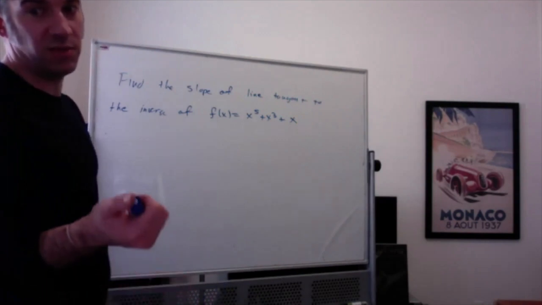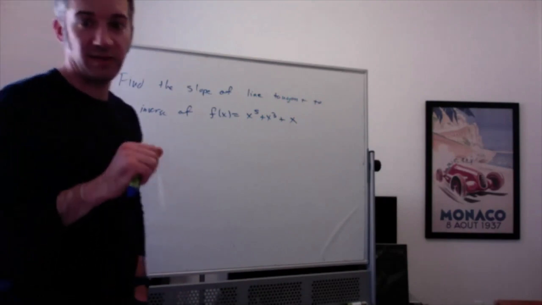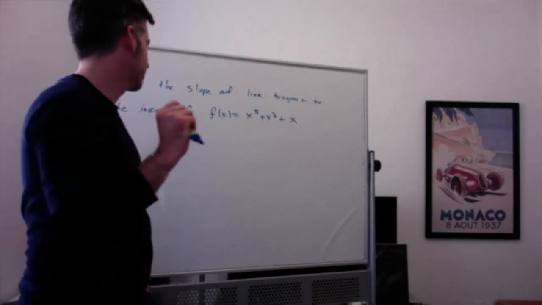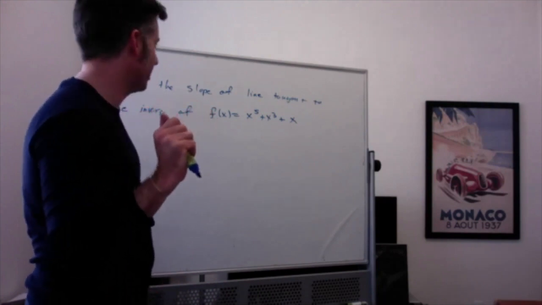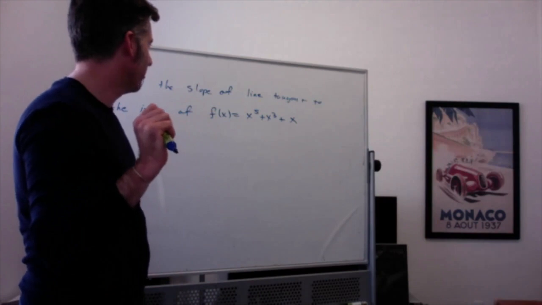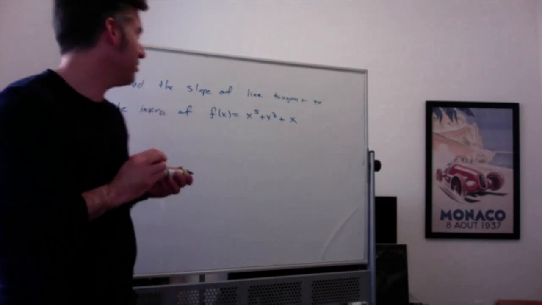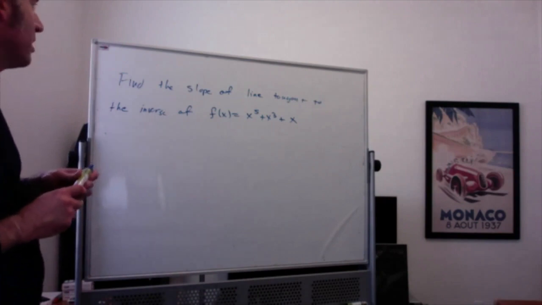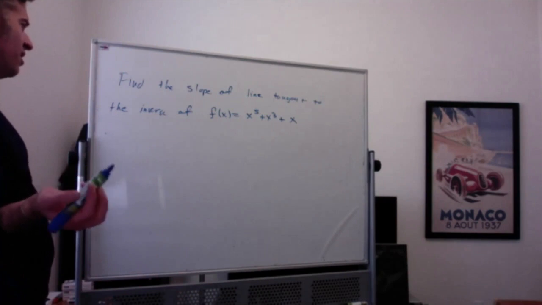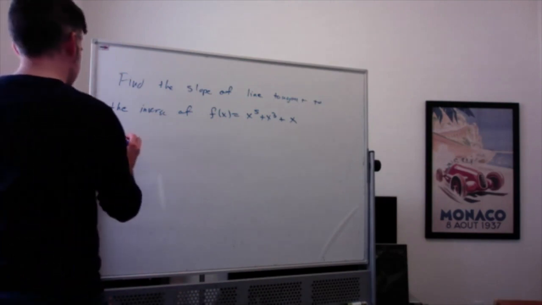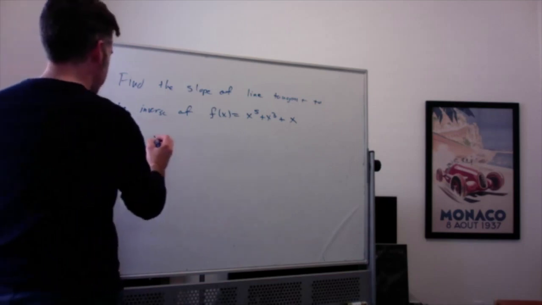The way I've seen books do it, they're kind of crude about it sometimes. They'll say find the slope of the tangent line to the inverse of this function at x equal to 3.